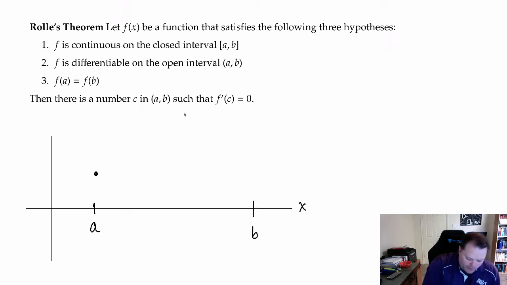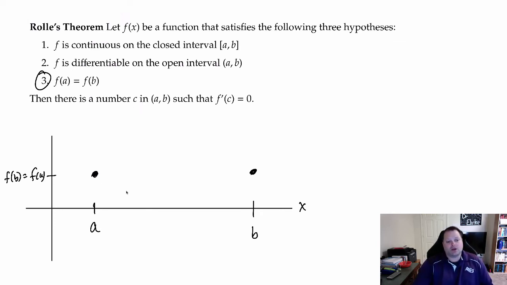So the important hypothesis here is 3, and that is the starting point and ending point of the interval are the same. So you have a situation where the function starts here at f of a, and it ends over here at f of b, but f of b and f of a are equal to each other.